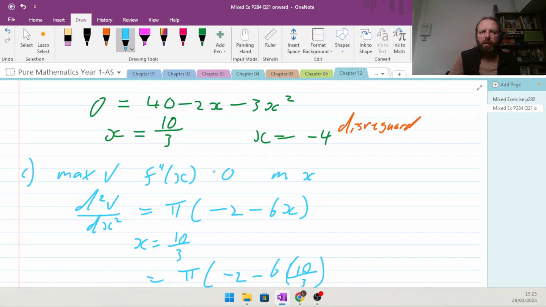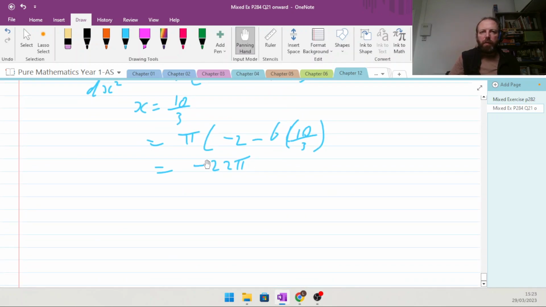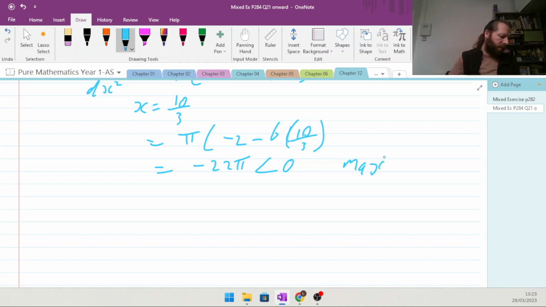It's this way round. When it's less than 0, it's a maximum, so that is less than 0, so it's a maximum point. Okay, determine the percentage of the sheet metal used in the lid when V is a maximum.